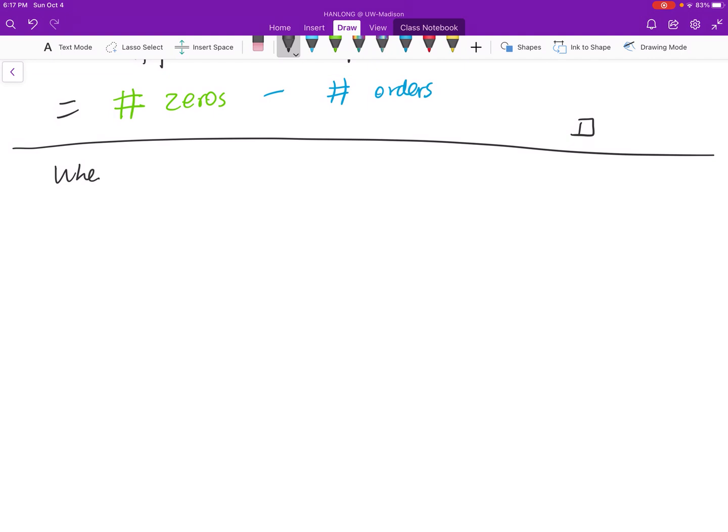Next we give a geometric interpretation of the logarithmic derivative.